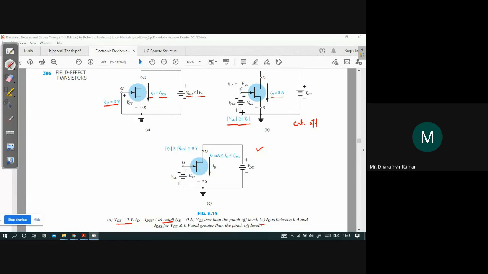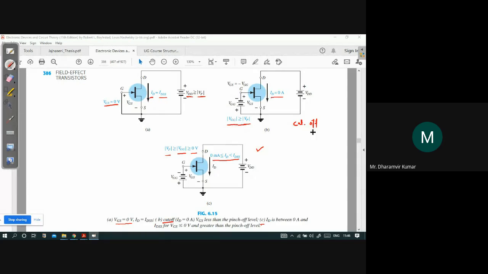In between these two states, we can always operate our device when the value of VGS is between 0 and the pinch off magnitude, and then we can apply some voltage at VDD, so that the value of ID will always be between 0 and IDSS.